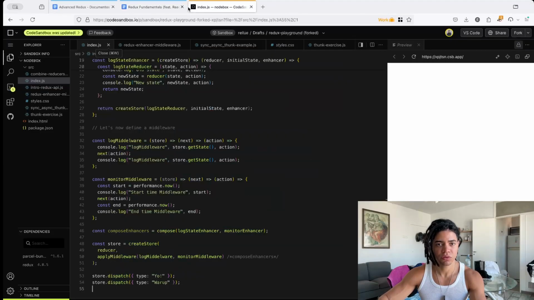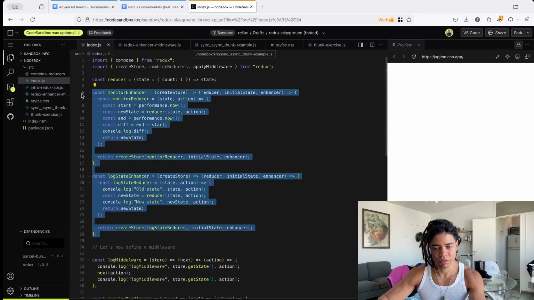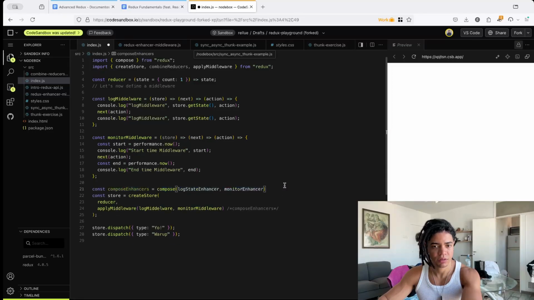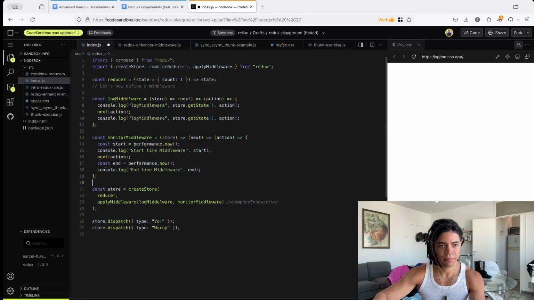Please, I want you to now only remove the enhancer, remove the enhancer here, followed by this as well, and that's it. This is what I want you to do. Okay, bring that here, log middleware, exactly, and the start middleware as well.